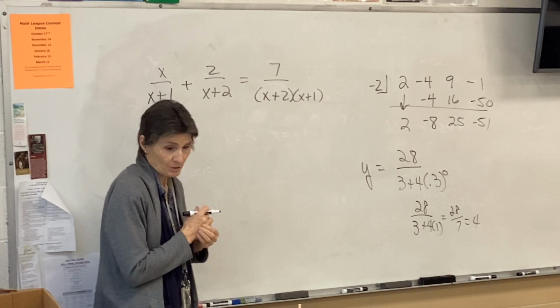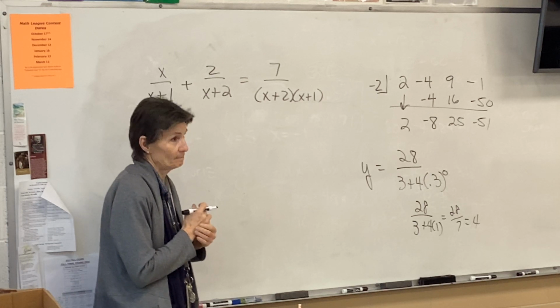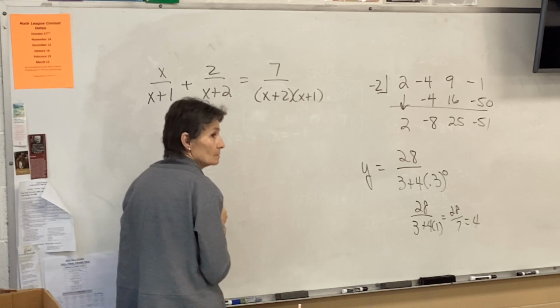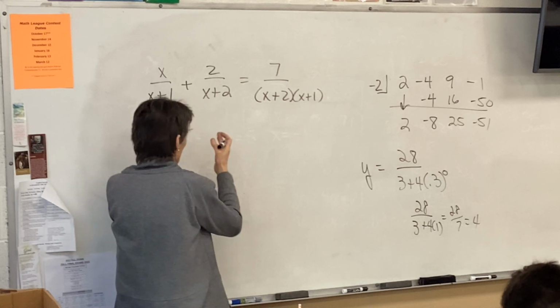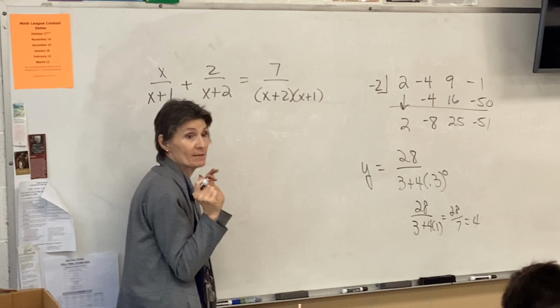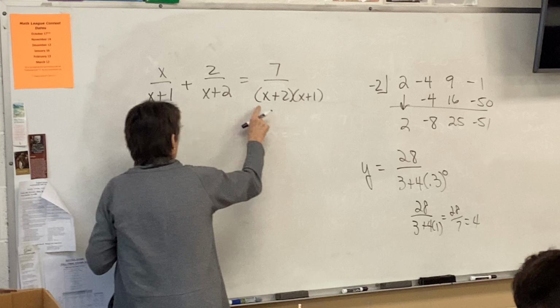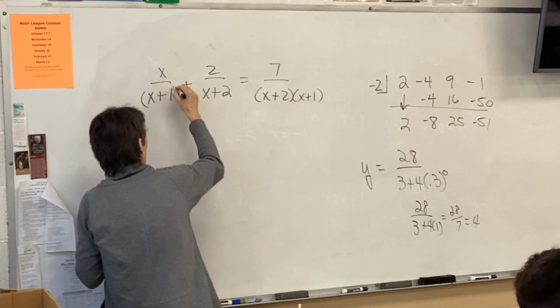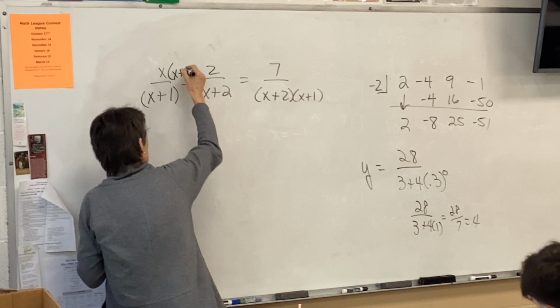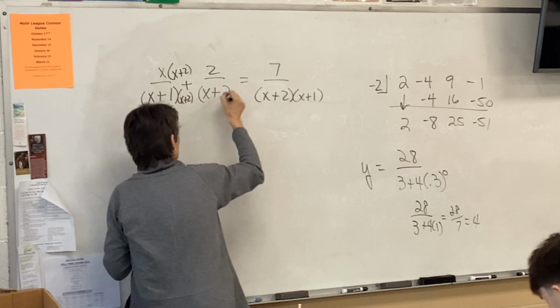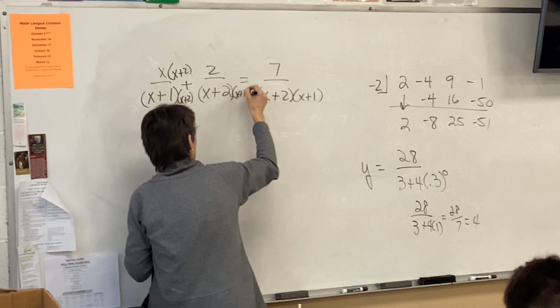And now, what do I need to do if I need to solve this? Make the 2 times x plus 1 and the x, so it's times x plus 2. So all the denominators have to be the same. So they all have to look like this. So like he said, this one is going to be times by x plus 2. This one is going to be times by x plus 1.